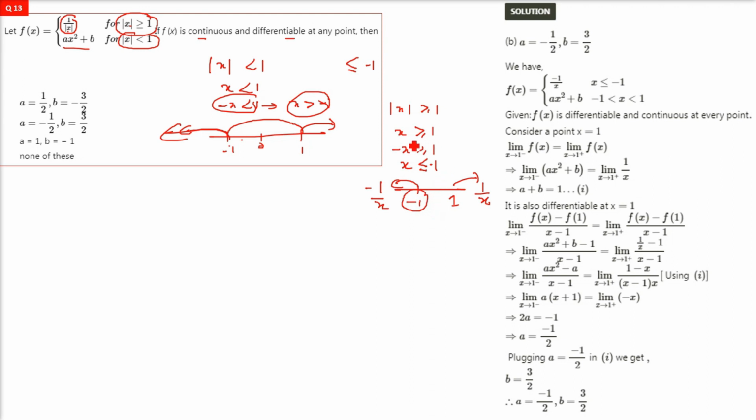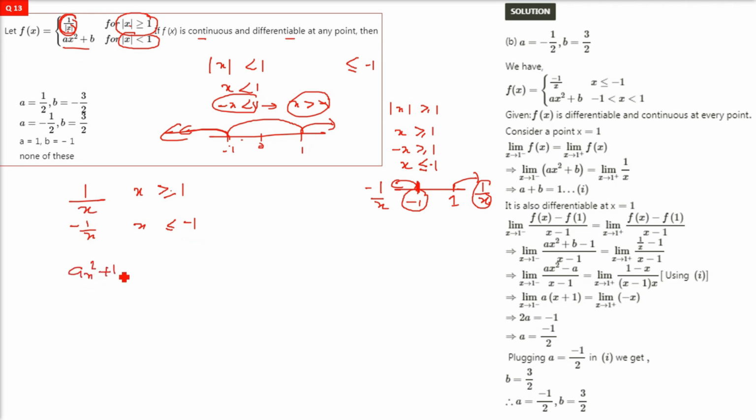Okay. So we have a function modulus x greater than or equal to 1, which is actually saying greater than 1 or less than minus 1. And since we have 1 by modulus x, one time you will get 1 by x, one time you will get 1 by negative x. Right? You will get 1 by x when x is greater than or equal to 1. You will get negative 1 by x when you have x less than or equal to negative 1. Please remember, I explained this already.